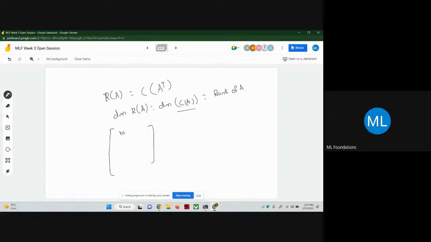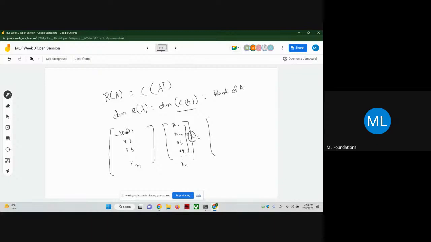Okay, so now I understand. Like this, row 1, row 2, row 3, and so on, up to row m, an m by n matrix. And then we have here the vector x1, x2, x3, x4, and so on, xn. So what's going to be the first term here? It's going to be this vector, let me call it x.